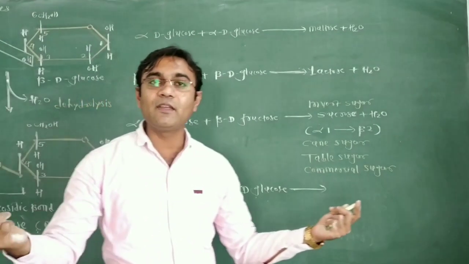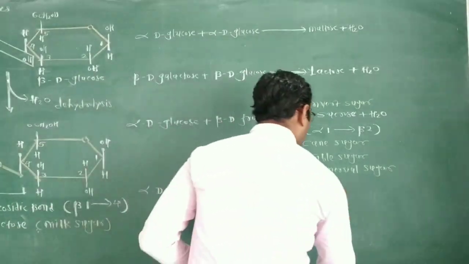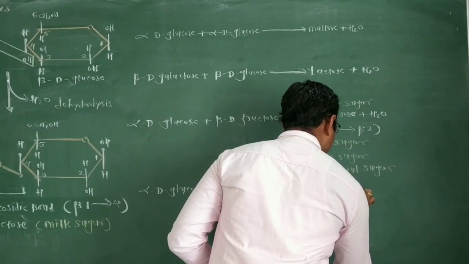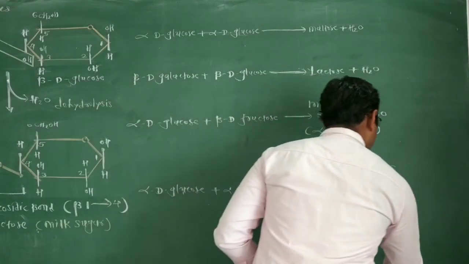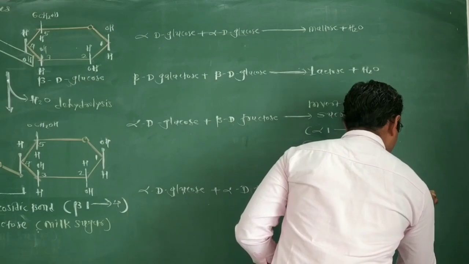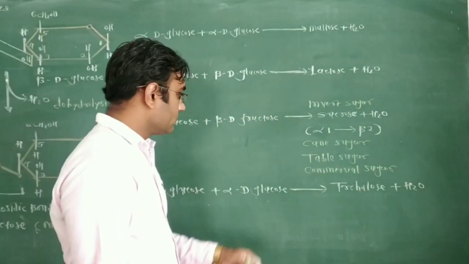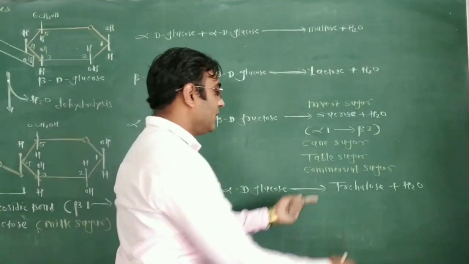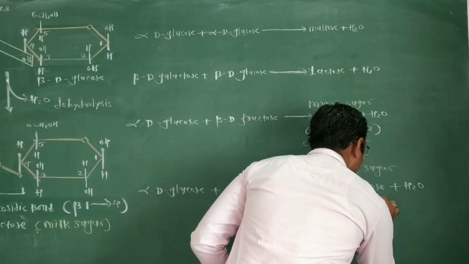Both carbons have an OH group. Water gets separated. So what do we obtain? Trehalose plus water. What is the glycosidic bond position in trehalose? Alpha 1 to 1.